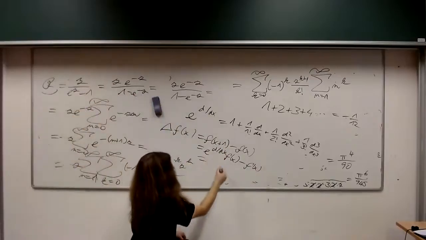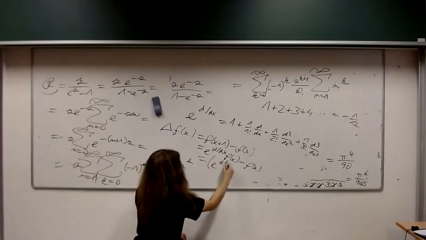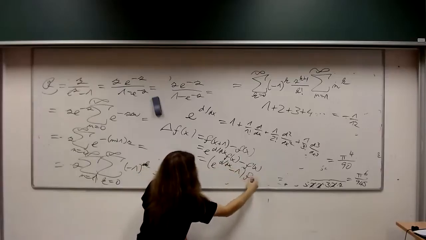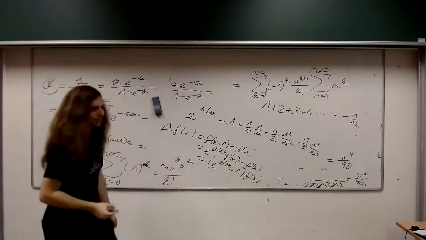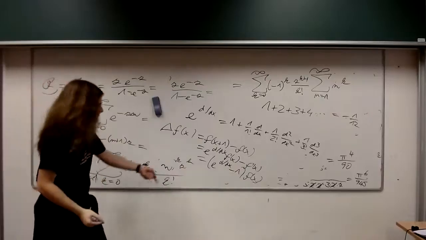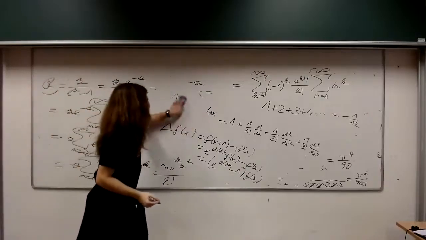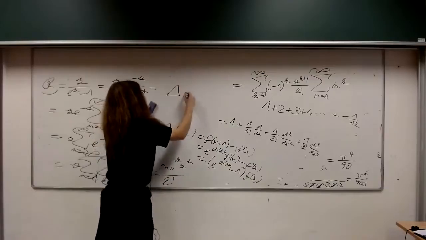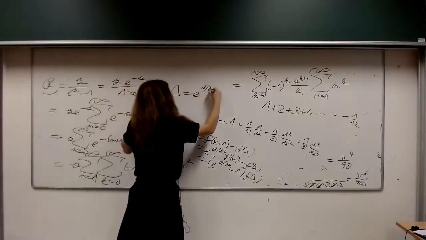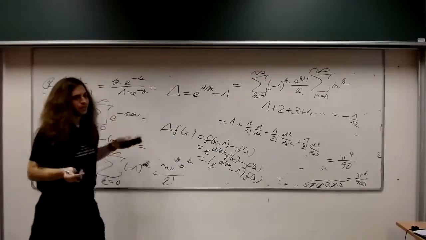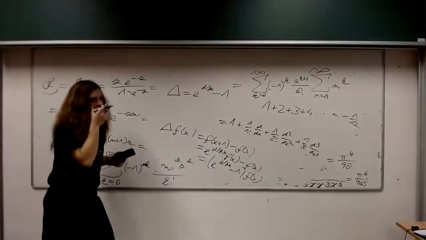If we do that, we just have the operator e to the derivative minus 1, and that's exactly the finite difference operator. So we can write this. Maybe a bit peculiar, but it's in some sense true.